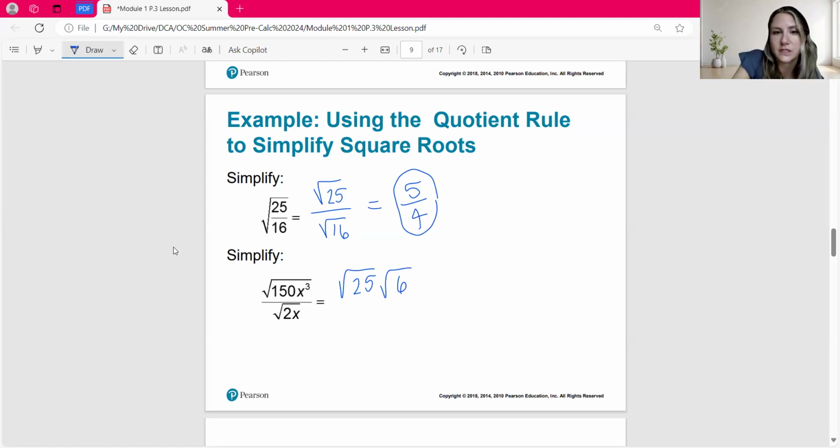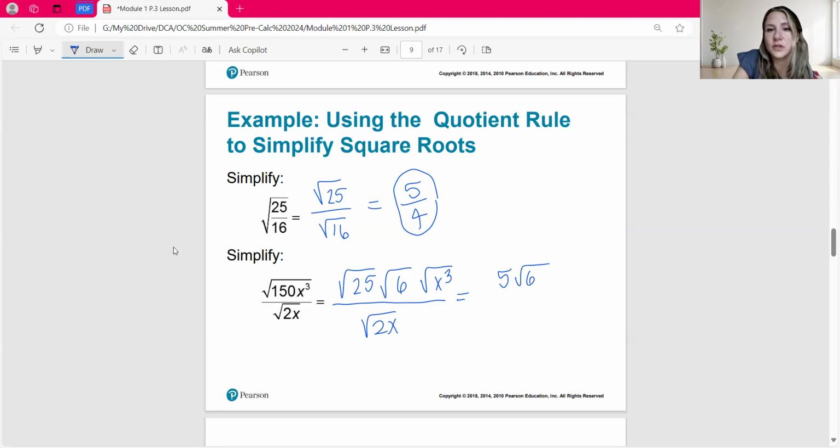And then I'm going to have the square root of x cubed all over the square root of 2x. That doesn't simplify. Now I can simplify: the square root of 25 gives me 5. The square root of 6 doesn't break down, so I'm going to write it like that, square root of 6.